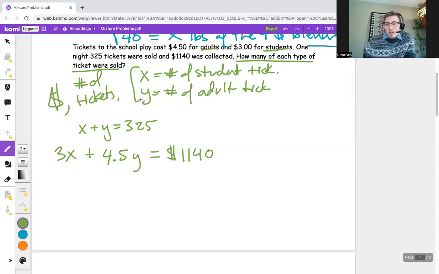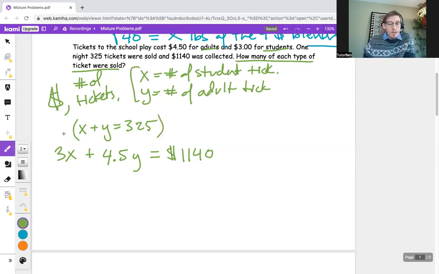Unlike the question before where we just had one equation and one variable, here we have 2 equations and 2 variables. So we have to solve this system using either substitution or elimination. I don't have a strong preference for this. Part of me wants to practice elimination.